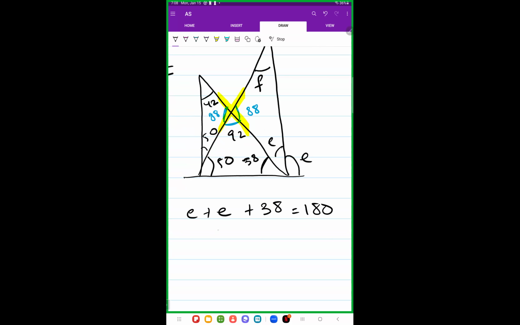E plus E is 2E, plus 38 is 180, and then you solve it to find E. Once you have found E, you add up the angles and find F. I'll subtract 38 from 180, so I'll get 142. And then I'll divide it by 2 and I'll get 71. And that's how I'll get E. Then when I have E, I can find F.